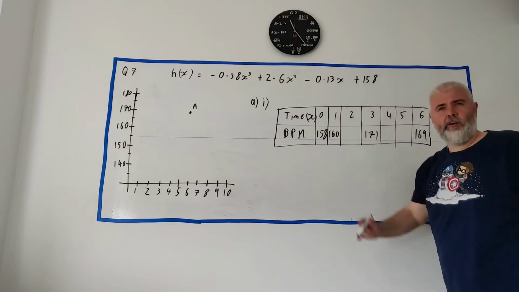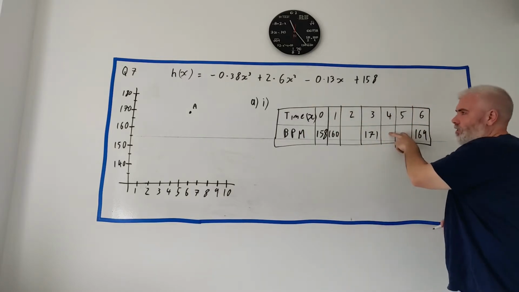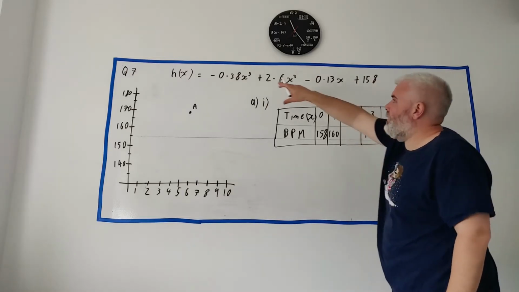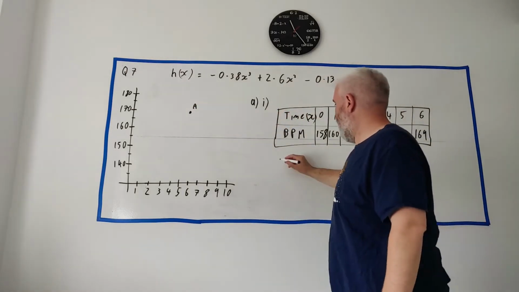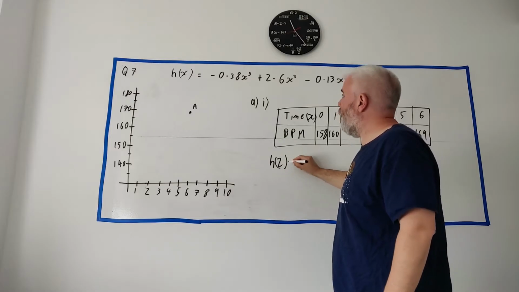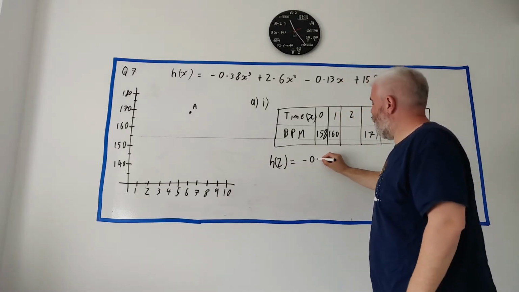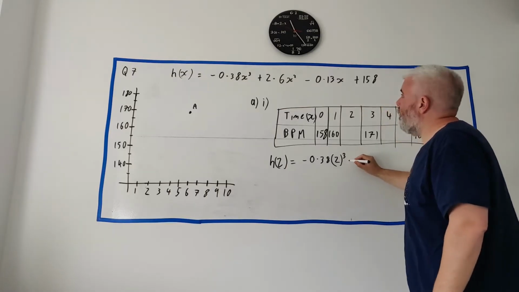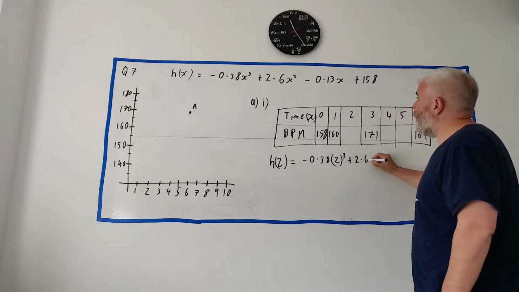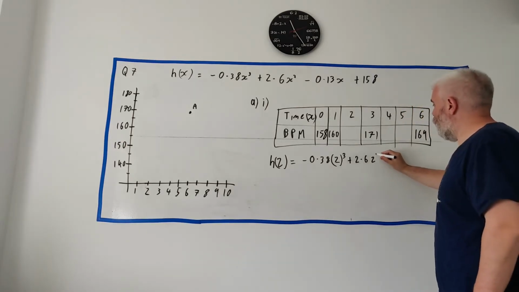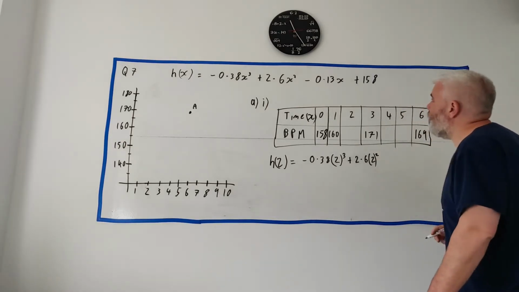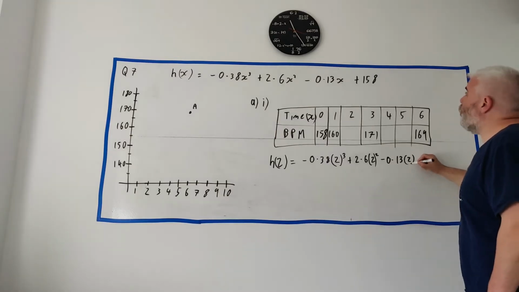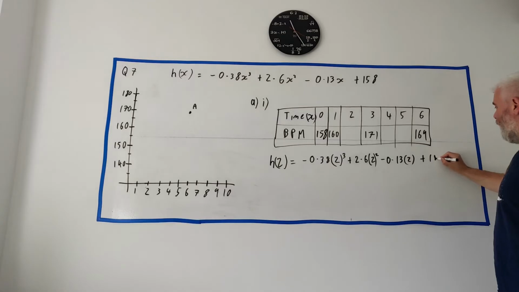2, I'll do 2 out a little slower, and then I'll use a calculator to do these last ones here. Put 2 into this formula. We get H(2) is equal to minus 0.38 times 2 to the power of 3 plus 2.6 times 2 to the power of 2 minus 0.13 times 2 plus 158.